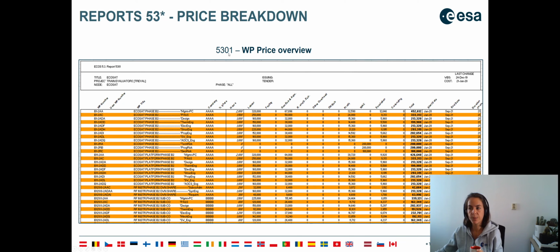But basically this report, the 5301, would give you a very, very detailed level of breakdown per work package level. You would have titles and a lot of different information on which company was responsible for the work package, and all of the breakdown of your price, hours, labor, facilities, etc., together with the start and end dates.